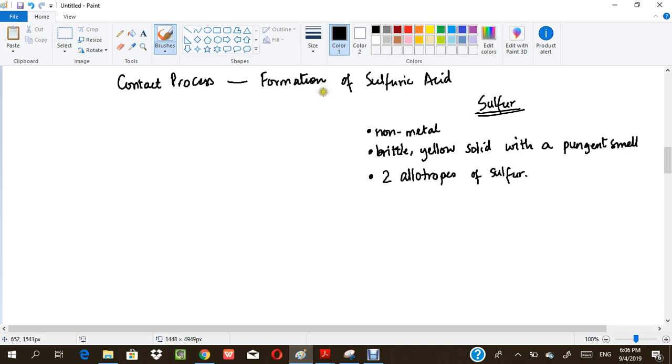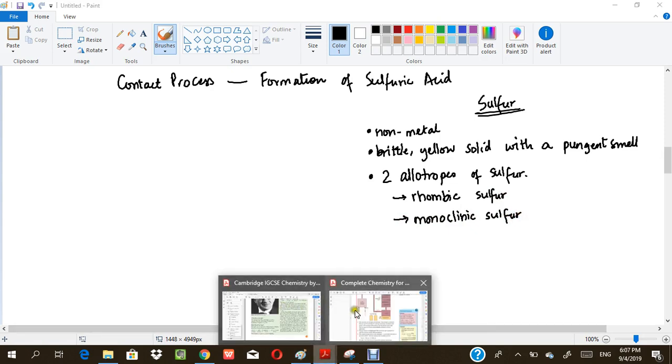So sulfur has two allotropes. One of those allotropes is called rhombic sulfur, and the other allotrope is called monoclinic sulfur. I'll show you the pictures of each of these allotropes.